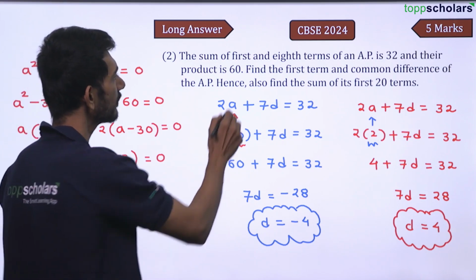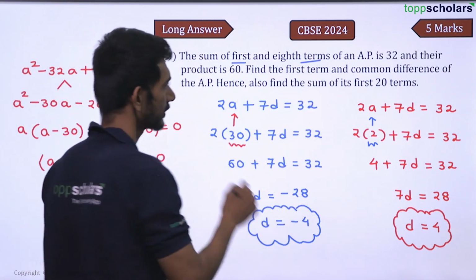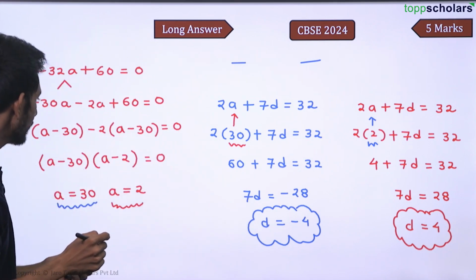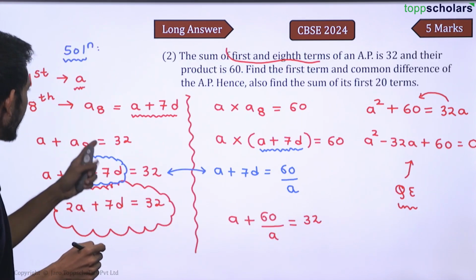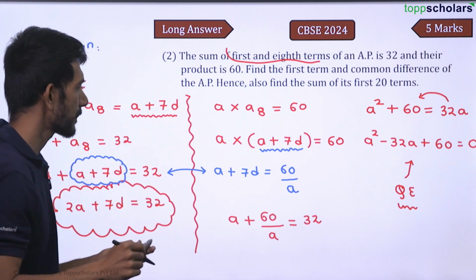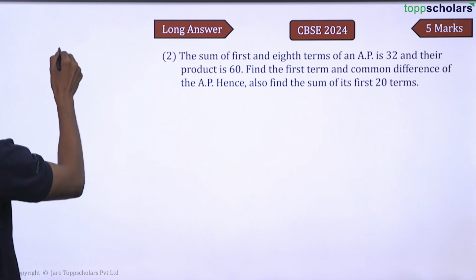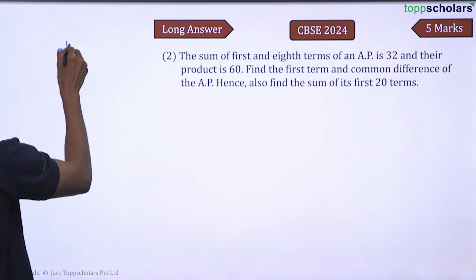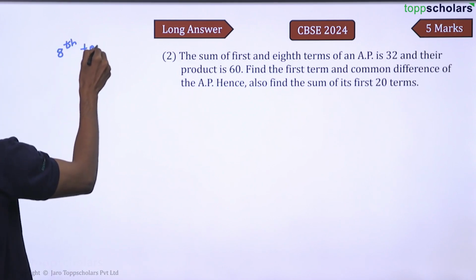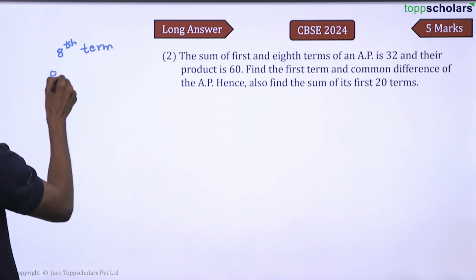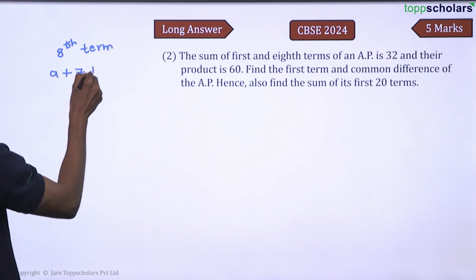Now the sum of the first and 8th terms. So what will be the 8th term? 8th term will be a plus 7d.